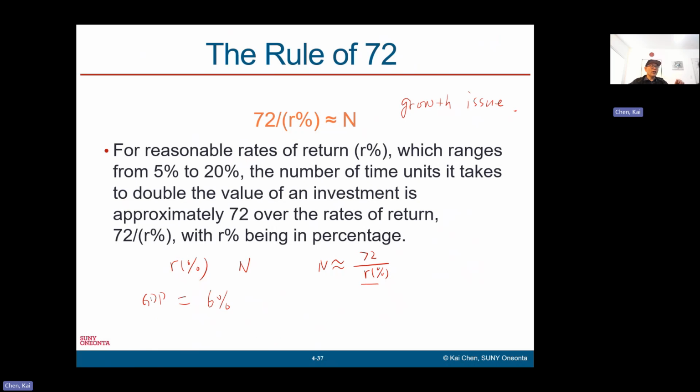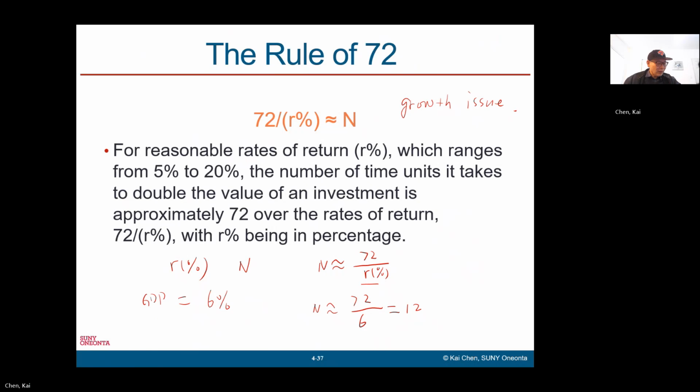The question is, how many years does it take for China's GDP to double in value? Then we can use this formula, right? N is approximately 72 divided by 6, where 6 is in percent. Then that is 12. So it takes 12 years for China's GDP to double in value.